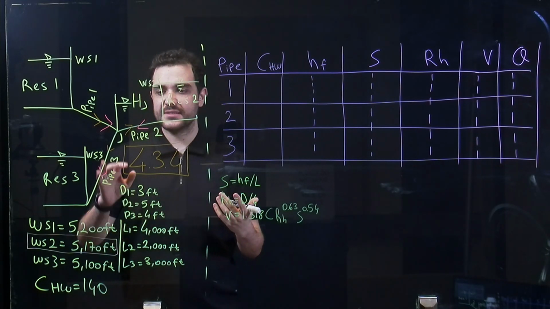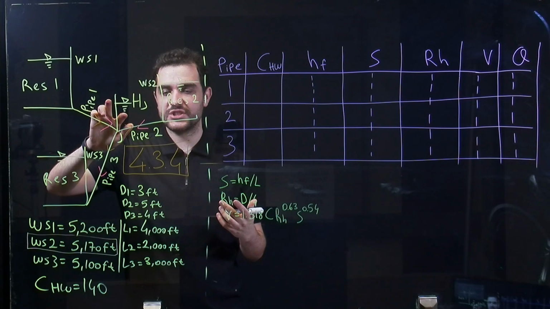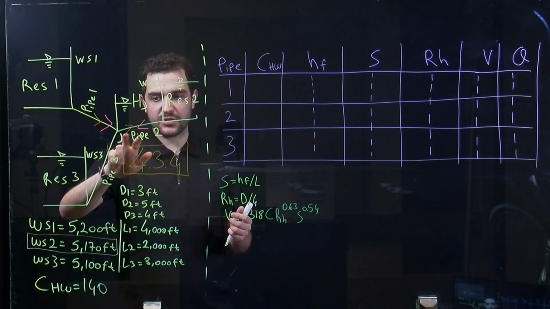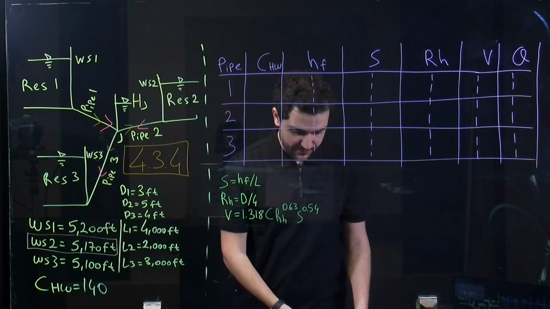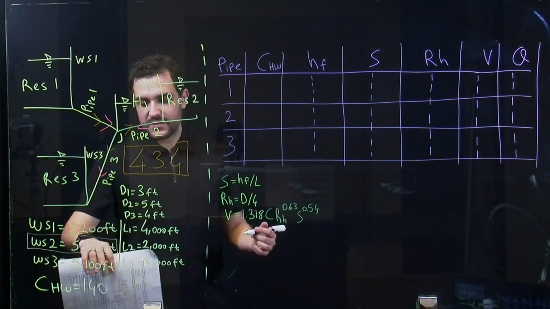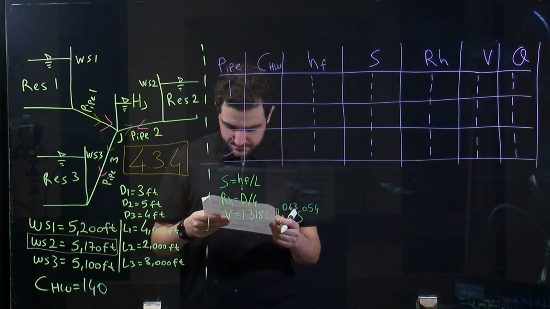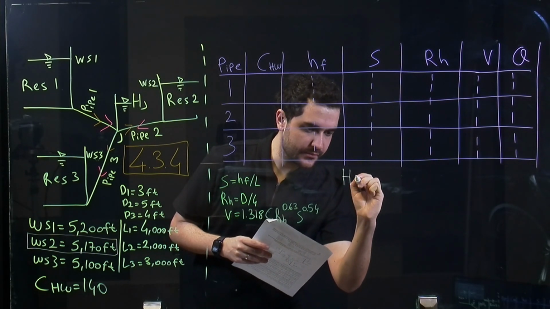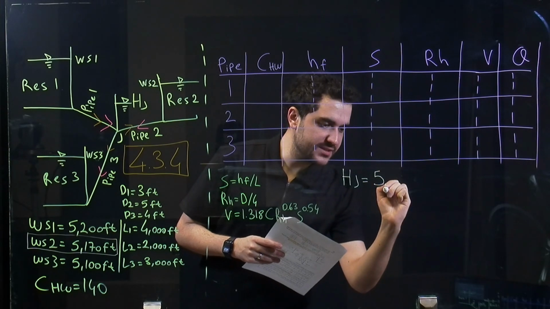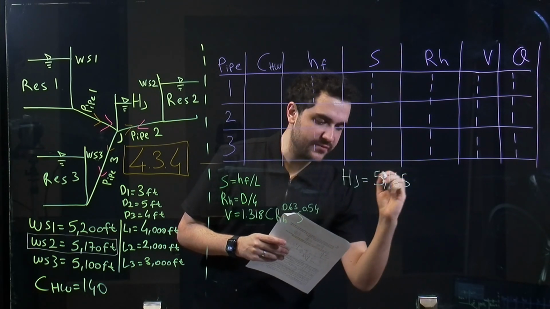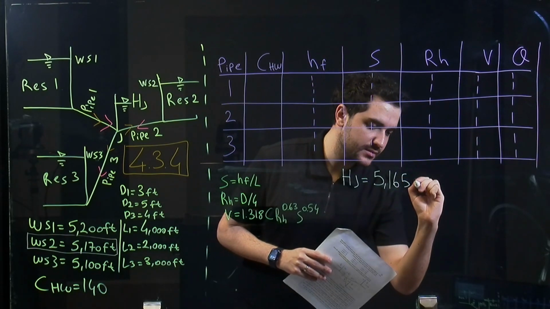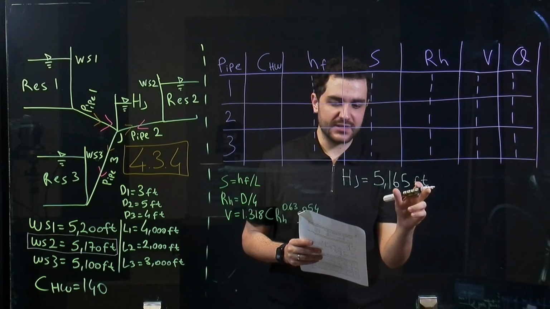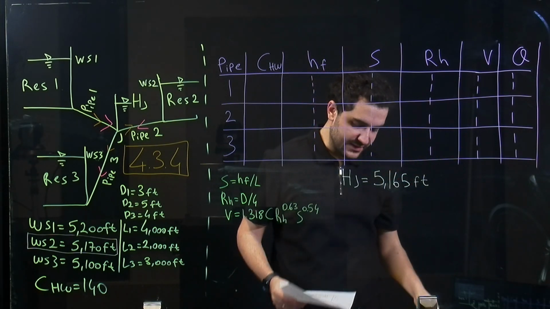So the main issue is we need to find the elevation of this junction point, Hj, and also the elevation of point J. So for example, we can start with, let's say, 5,165 feet, and we will start with this, and then we will see how it goes.